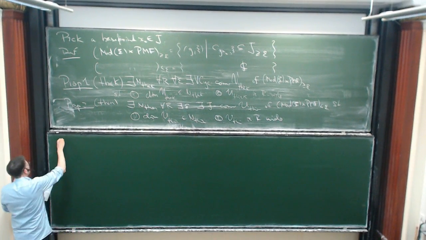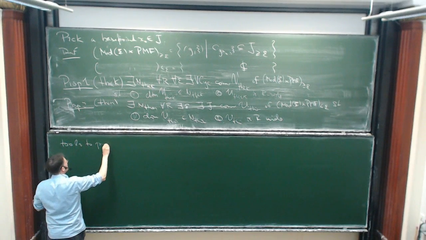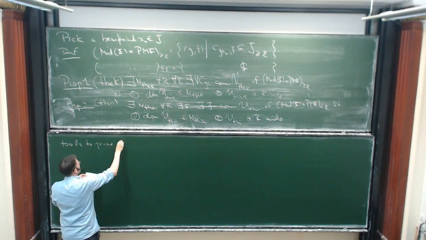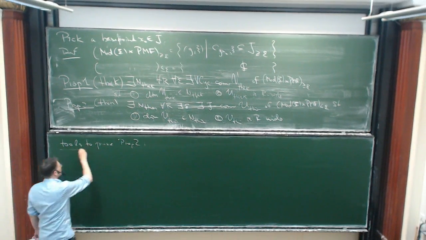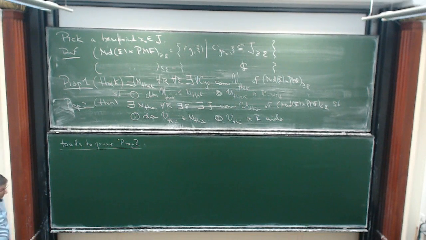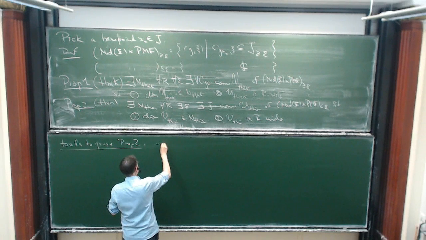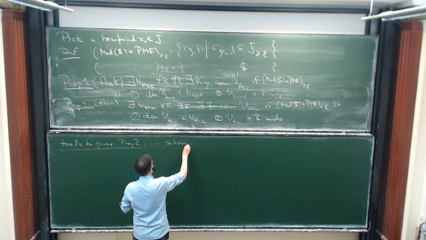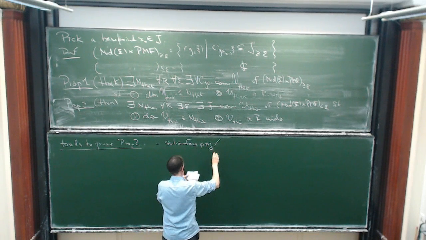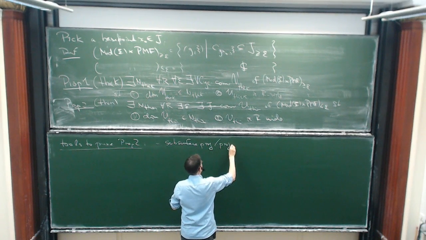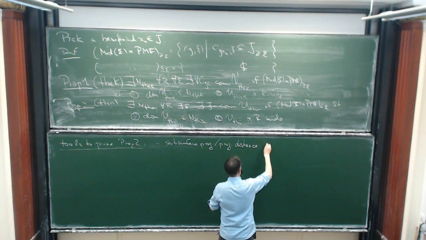Okay, so the tools to prove the second proposition, the one about the thin part, are subsurface projections, or the projection distance of Masur-Minsky.